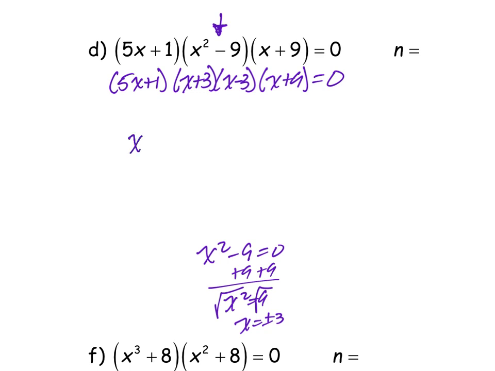So that means x is going to equal subtract 1, divide by 5, subtract 3, add 3, subtract 9, and then I have an x times an x times an x times an x, which is x to the 4th. Questions? So almost everybody forgot the -3. Not in this case, x would not be 0.